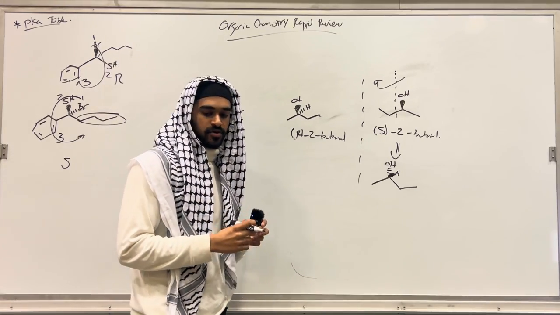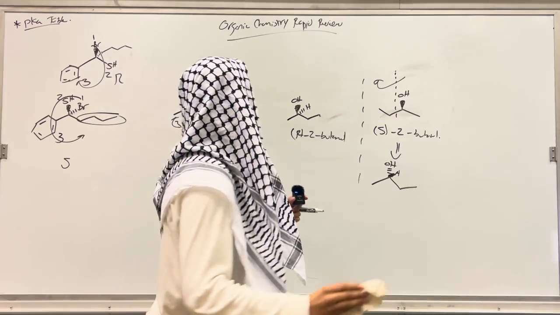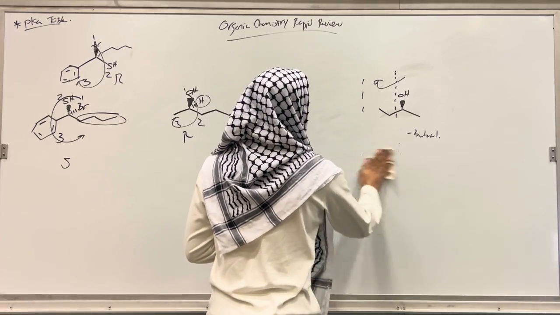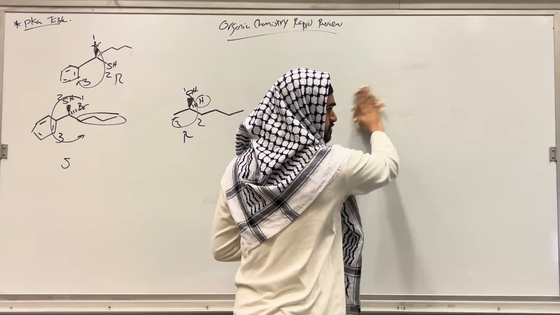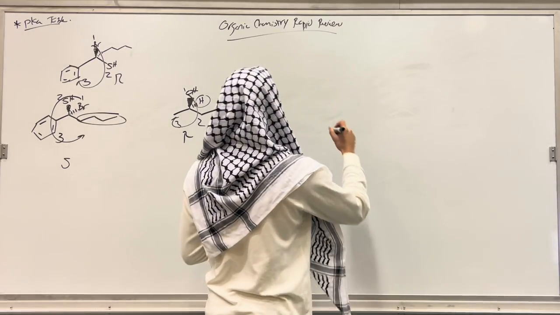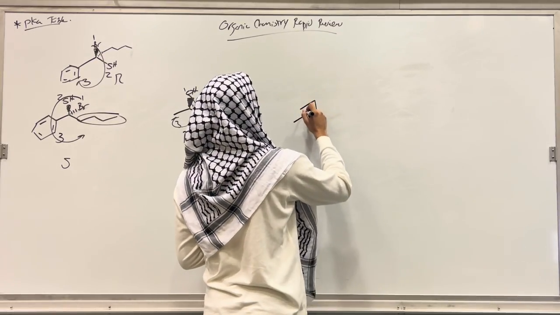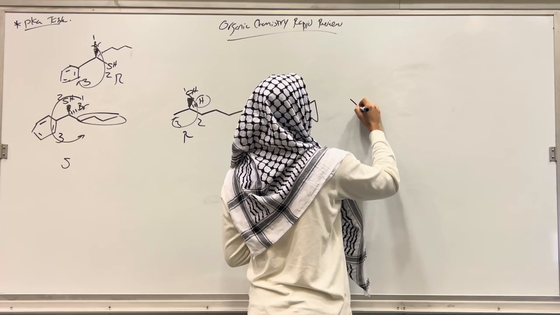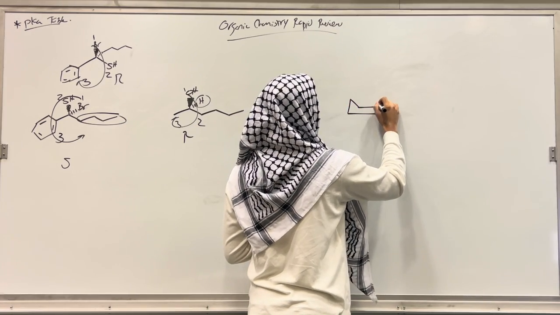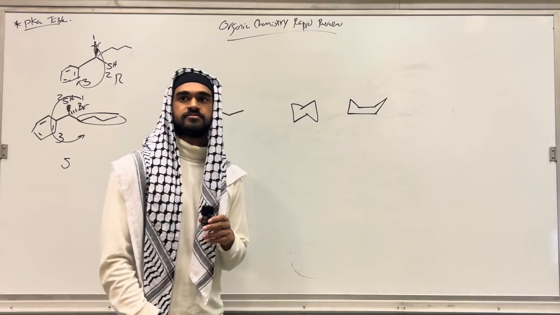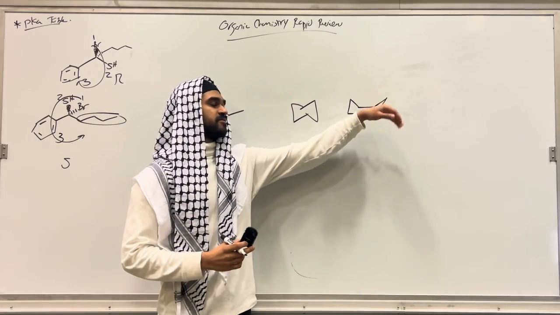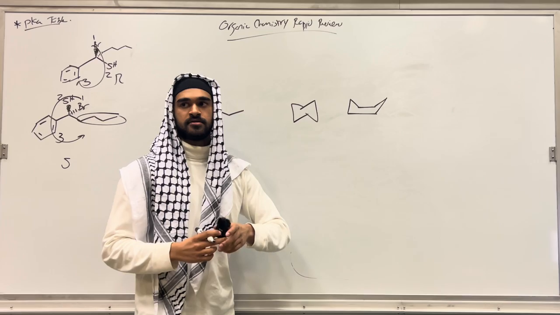What is an example of a conformational isomer? Well, a boat and a chair. The boat can flip its leg down and become the chair.